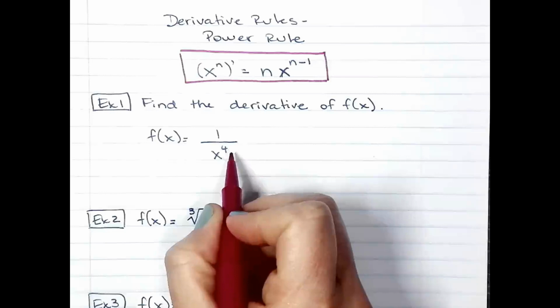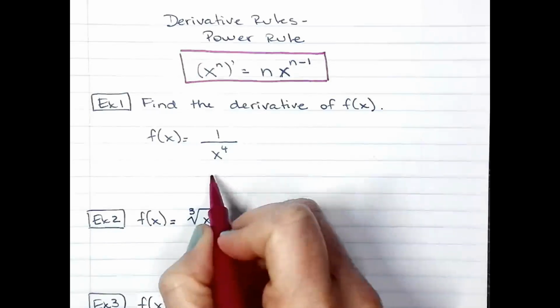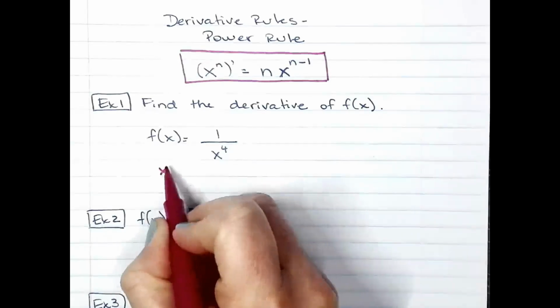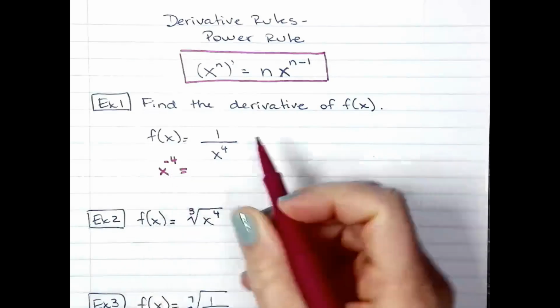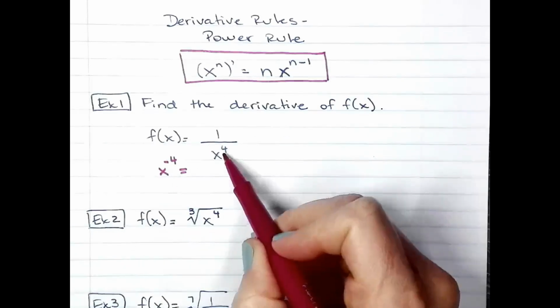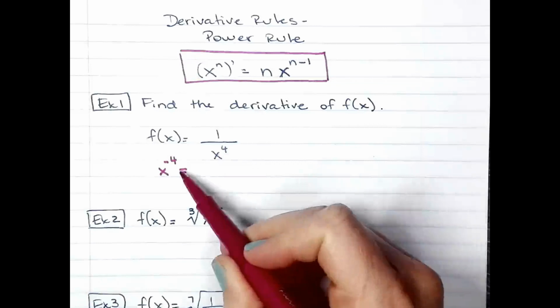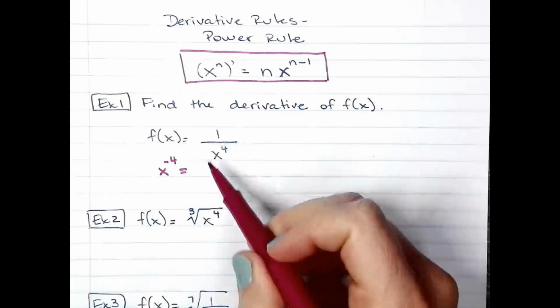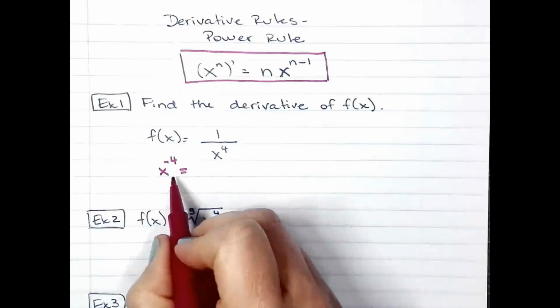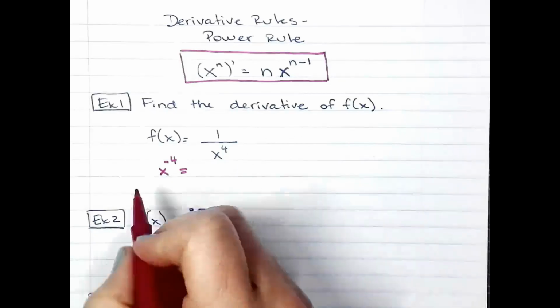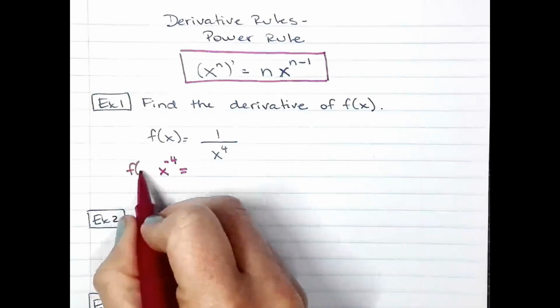I'm going to apply the laws of exponents over here. So I'm going to rewrite x to the power of negative 4, because I'm trying to put that up on top. The negative means reciprocal. And then from this point, I will find the derivative of this function.